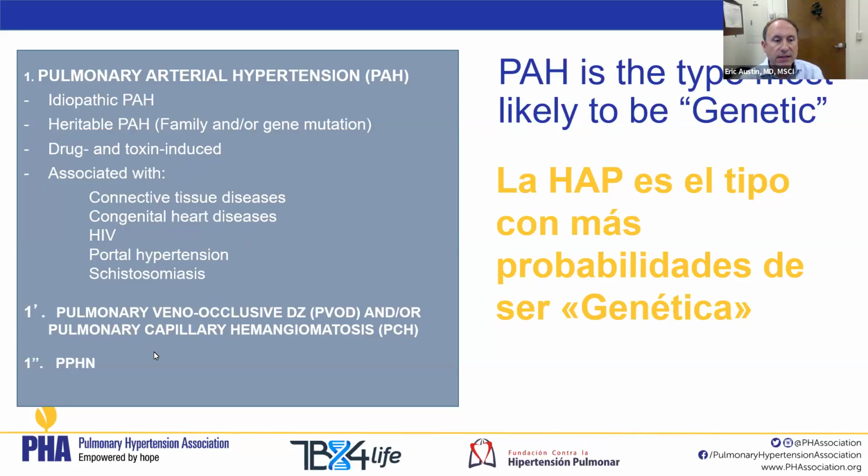There's a few additional causes as well down there that I won't go into at this moment, other than to say that pulmonary veno-occlusive disease very often now is associated with genetic variations as well that can be transmitted in the family and can be a heritable disease. Pulmonary capillary hemangiomatosis is probably on the spectrum of what we think of as written there, PVOD. So they're often related diseases. Persistent pulmonary hypertension of the newborn occurs exclusively in a neonatal child, age 0 to 30 days.